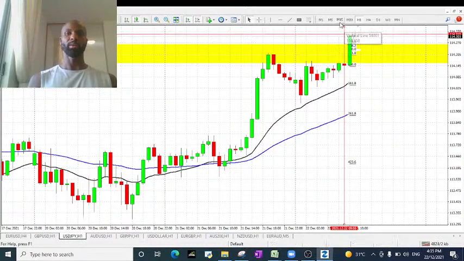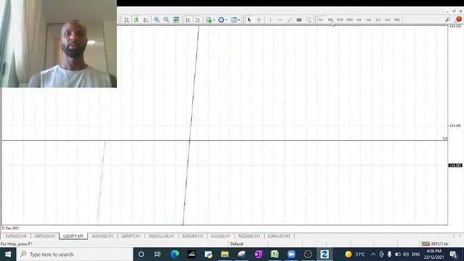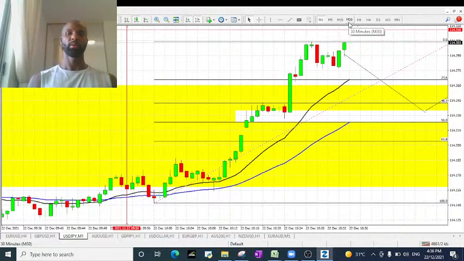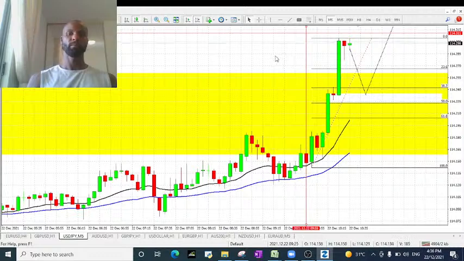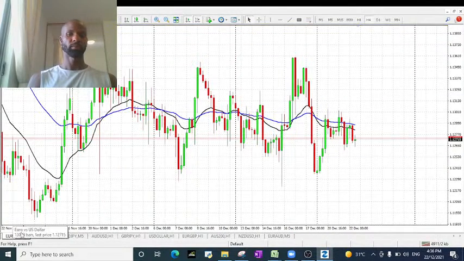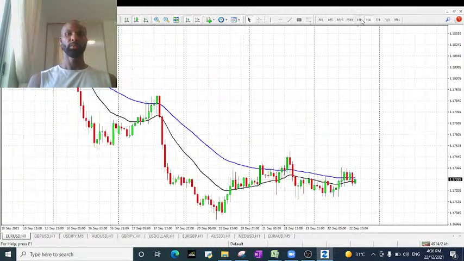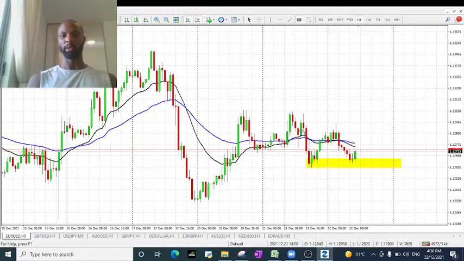Now we have USD yen really pushing strong. That's good. Huge volume. Okay, we'll keep an eye on this. Euro US dollar hit a zone. We are rejecting. We might have something to work with right here.